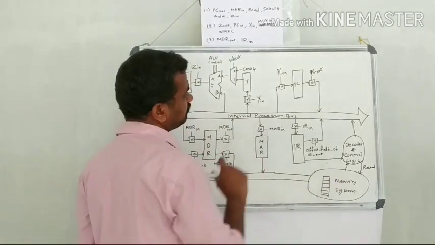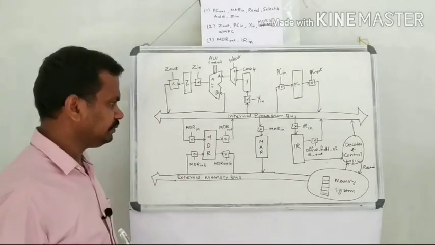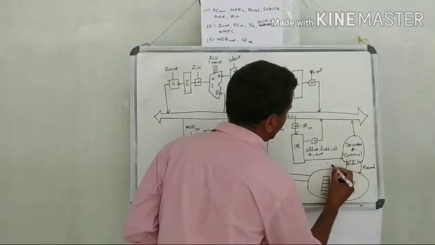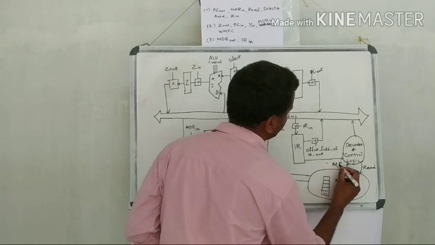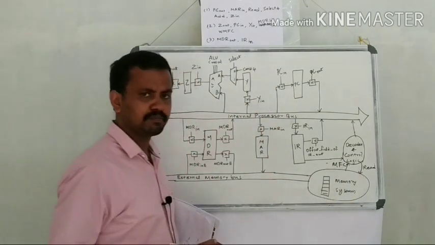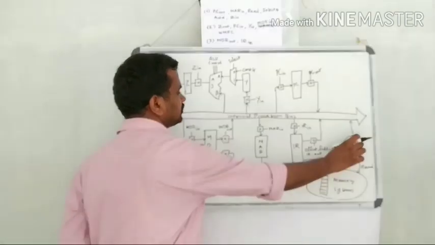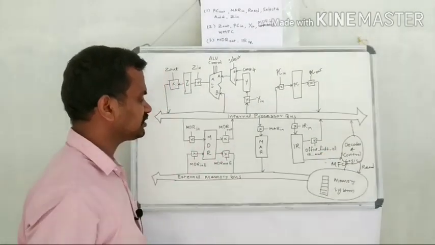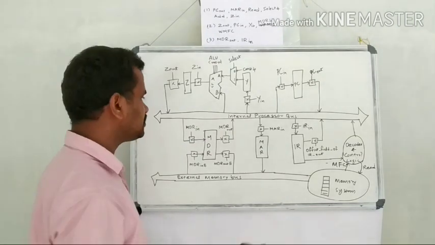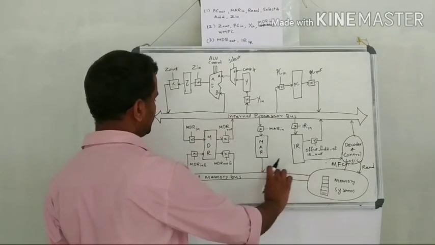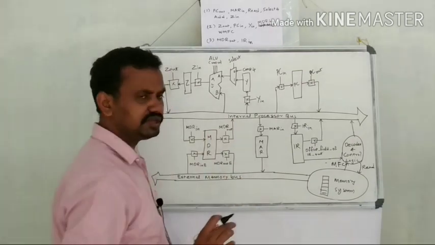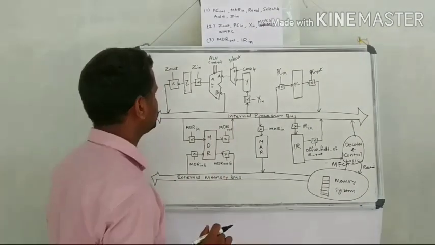When the memory system completes the read operation, that will be informed through the MFC, memory function complete signal, to the control logic. So the control logic will identify that the read operation is now complete, and that the requested value is available on the external memory bus, and that will be available in the MDR register also.